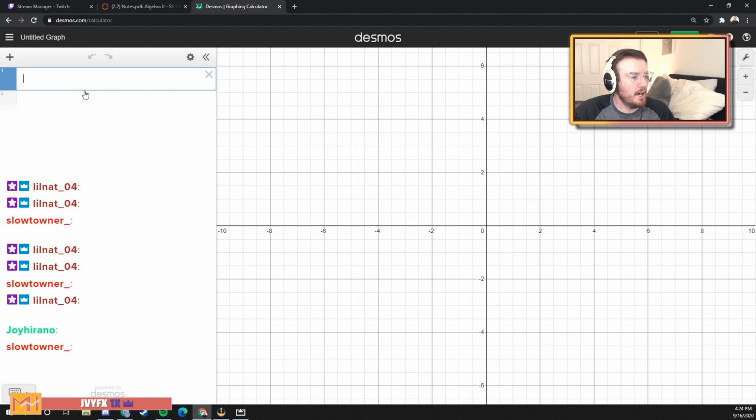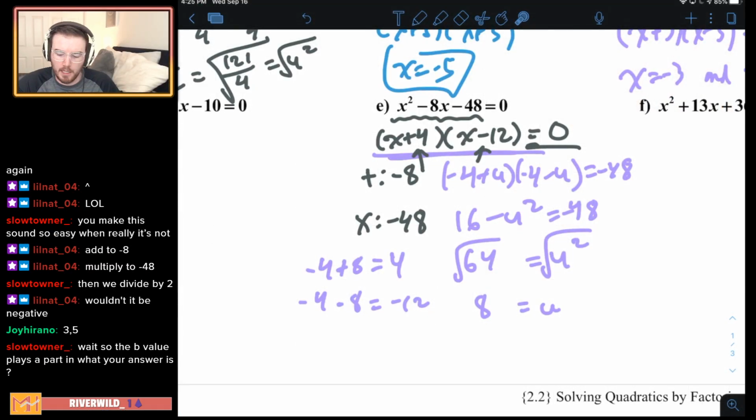Wait, so the b value plays a part in what your answer is. In some sense, yes, right? I need to know b in order to determine this. I would say that that's as much of a role as it takes.